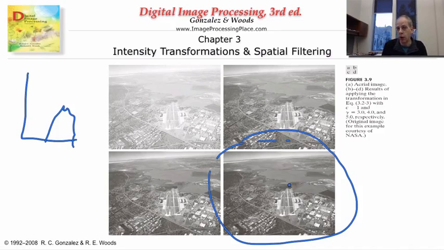You could invert only some region of the image. You could do a gamma correction or an exponential function in only some regions, so you don't have to do them everywhere. You can do them locally. That's a very simple operation that immediately gives us a much nicer perception of the image.